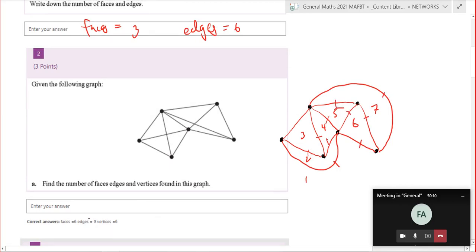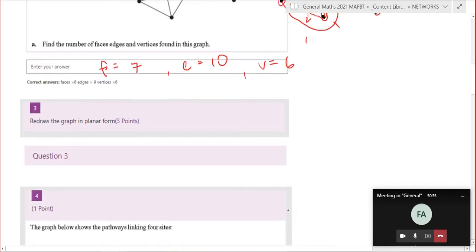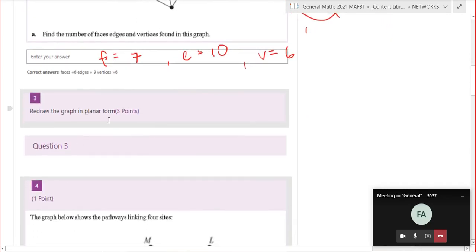Ooh, okay, why is this? I think the person didn't do this properly. There should be 10. And then the number of vertices, I can see there's 1, 2, 3, 4, 5, 6. Okay, so I'm going to fix this. So faces, I think it was 7. The edges was 10. And the vertices was 6. All right, next one. Oh, okay, I already redrew it as planar.